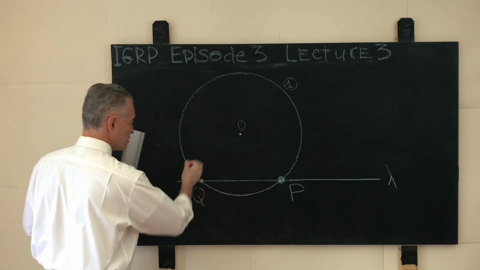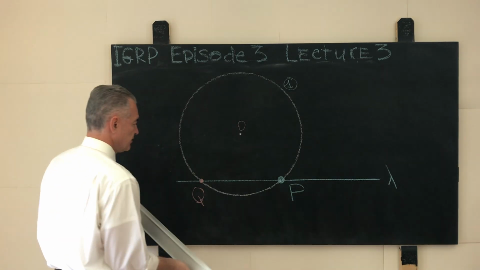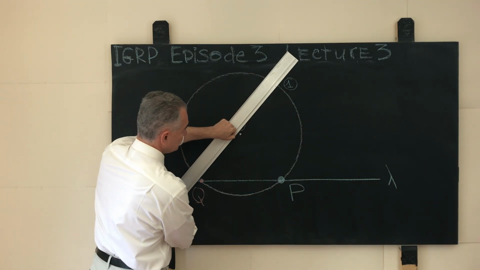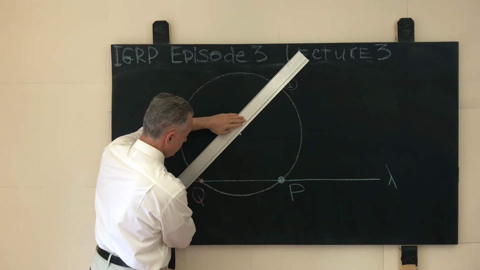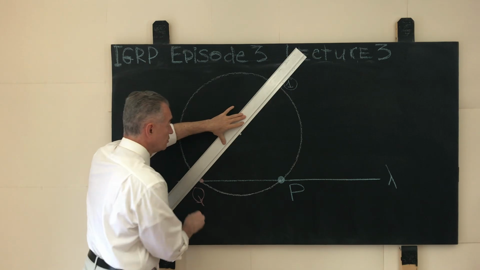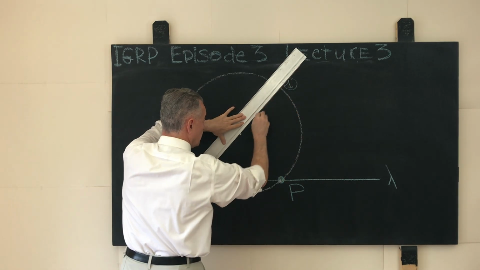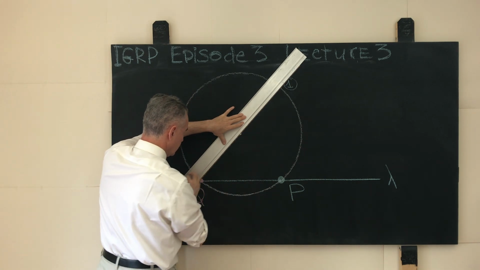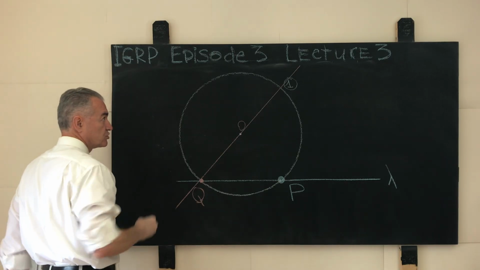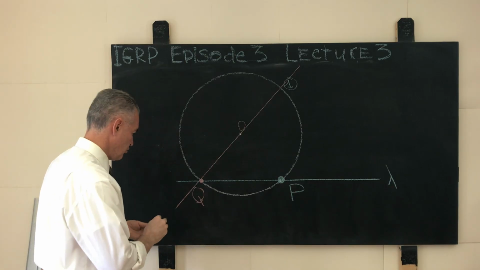Well, we unleash Thales' theorem onto this mess. We construct a straight line through the point O, the center of our auxiliary circle, and the second point of intersection of that circle with the straight line lambda, Q, in such a way that that straight line will intersect the constructed circle at two distinct points.